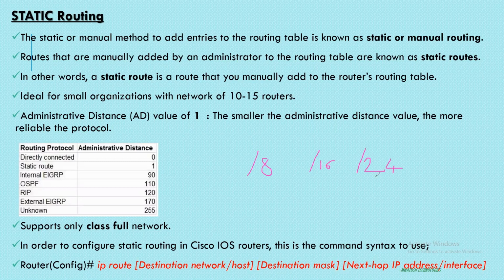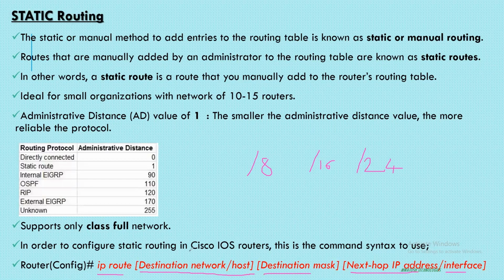In order to configure static routing on Cisco IOS routers, this is the command syntax to use. You start with the route, then we define the destination network or host with the subnet mask, and we identify the next hop IP address or the next hop interface.